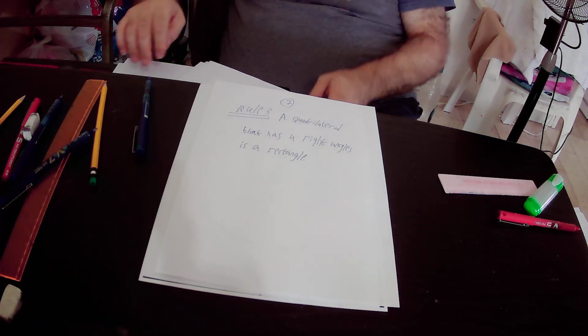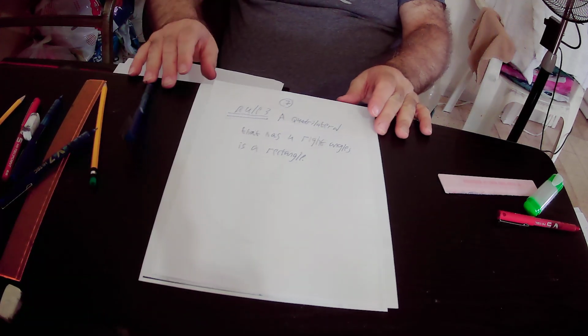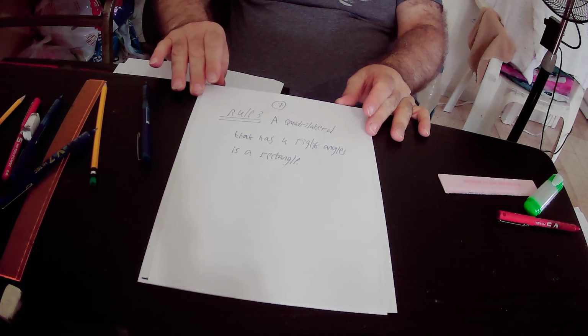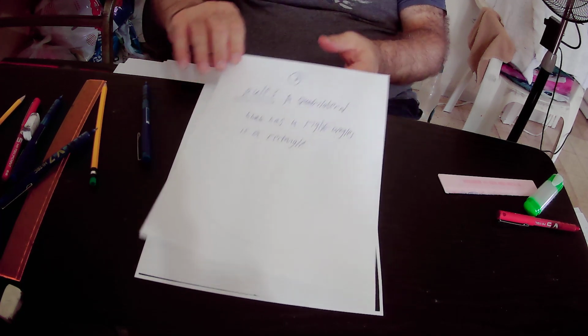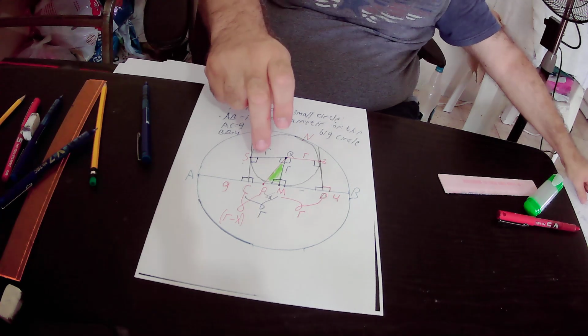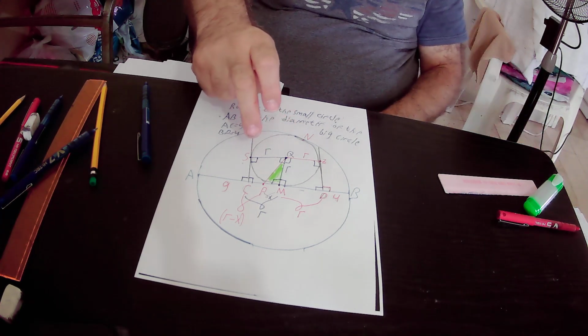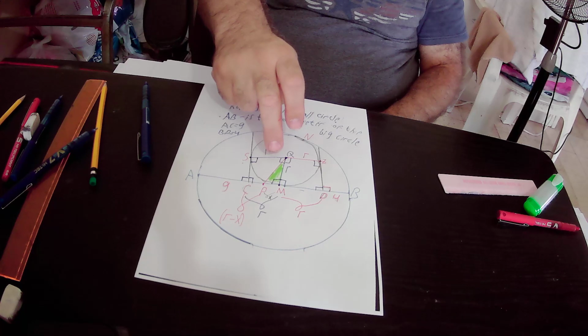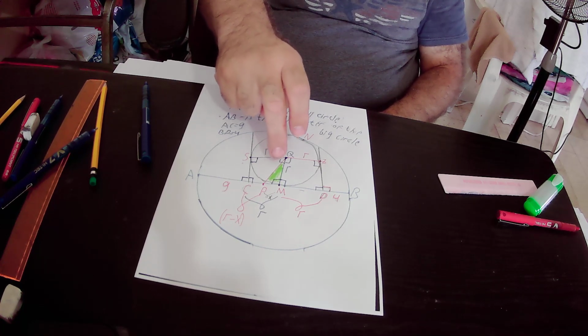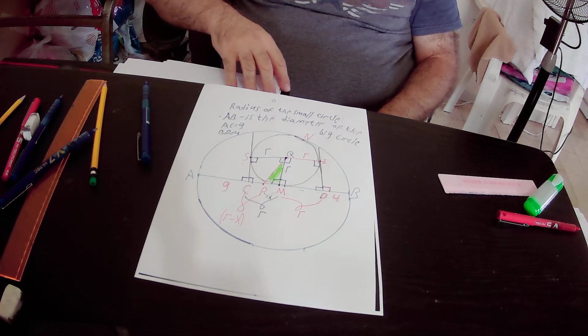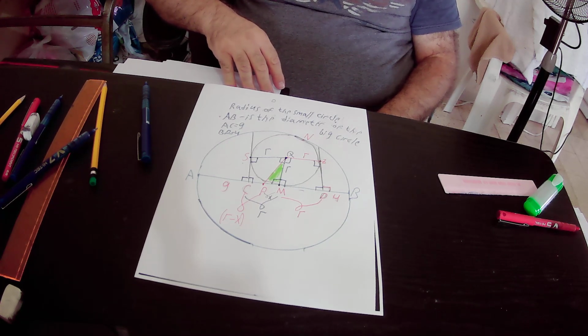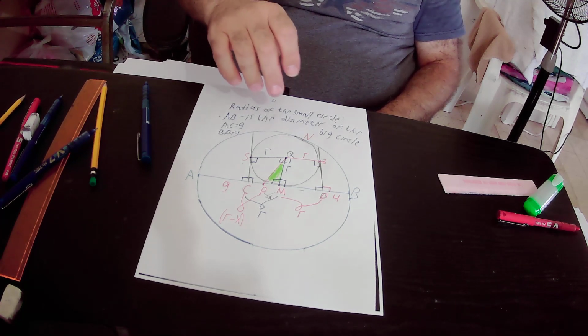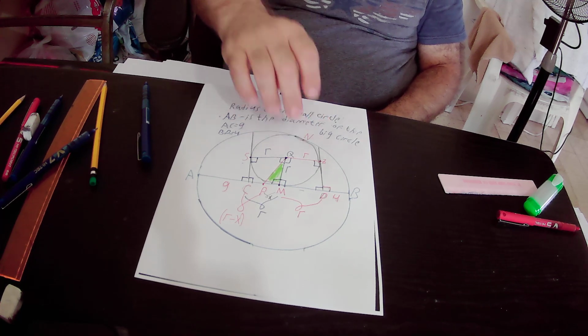So this quadrilateral QZMD has four right angles, and therefore, according to rule number 3, this quadrilateral is a rectangle.